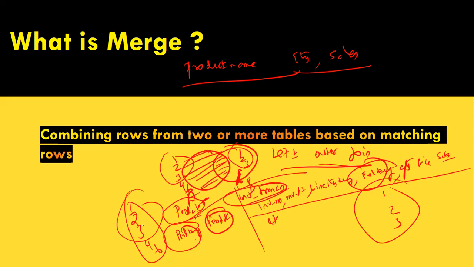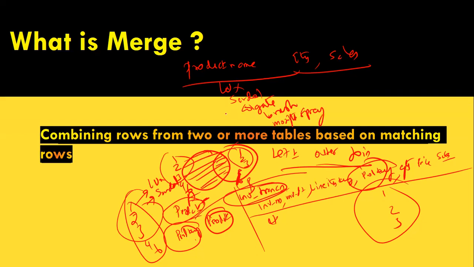If you do the left outer join, in this case, you have, say, Lux soap, and here you have sandal soap, likewise. Then Colgate, then brush, and then mosquito spray.